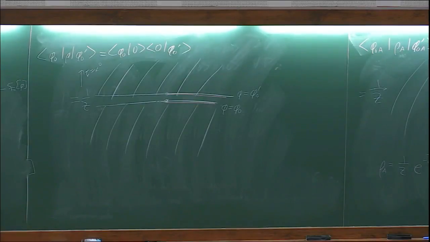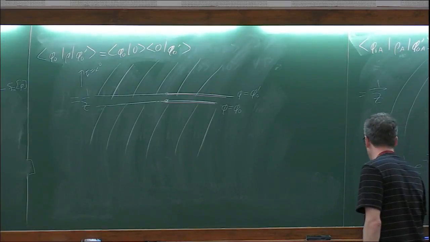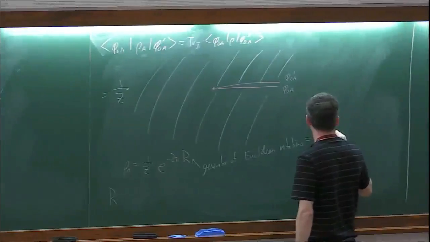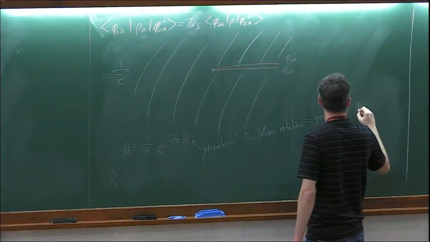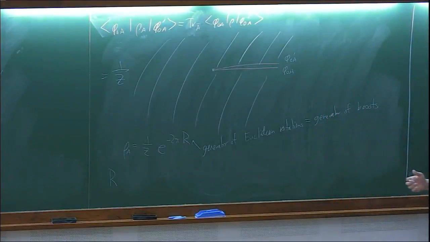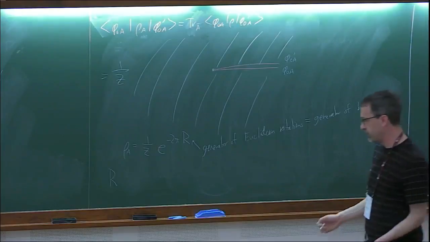So this operator, I'm not going to try to prove this, is also the generator of boosts in Minkowski space. And the generator of boosts is basically an integral of the stress tensor, because the stress tensor is responsible for all of your space-time movements, including boosts and rotations and translations and so on.